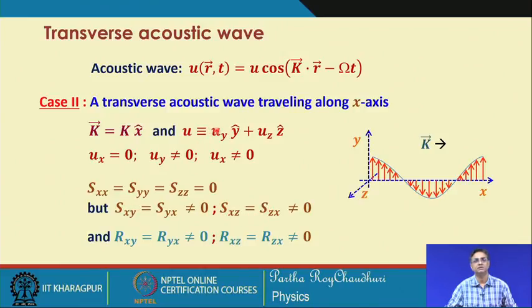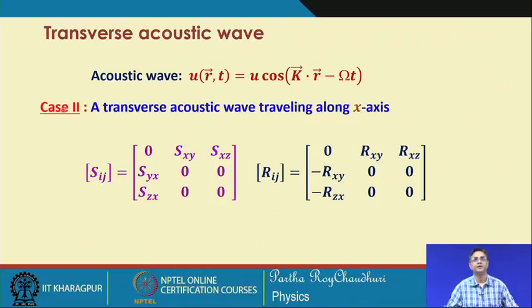That is a consequence of the compression and rarefaction in these directions. So, r x y, r y x are also not equal to 0, and these are the consequences of del u 1 by del x 1 and so on.